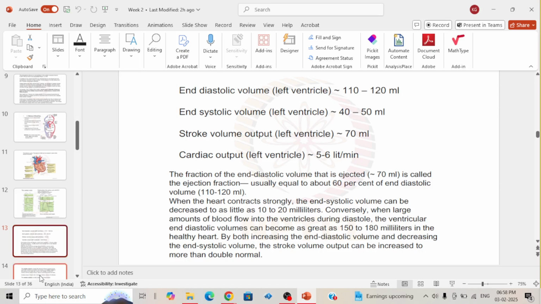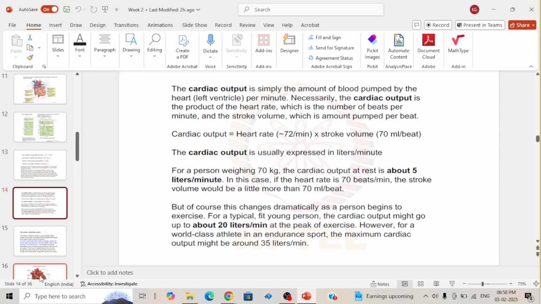In the exercising condition, the cardiac output also changes, and the end diastolic volume and the stroke volume also change. As I told you, cardiac output is simply the amount of blood pumped by the heart per minute.